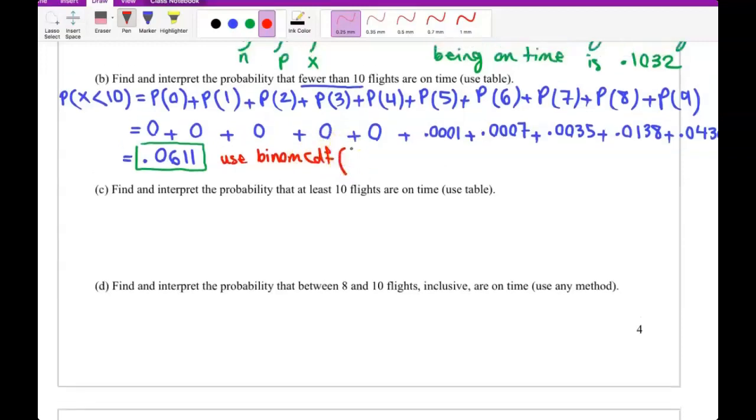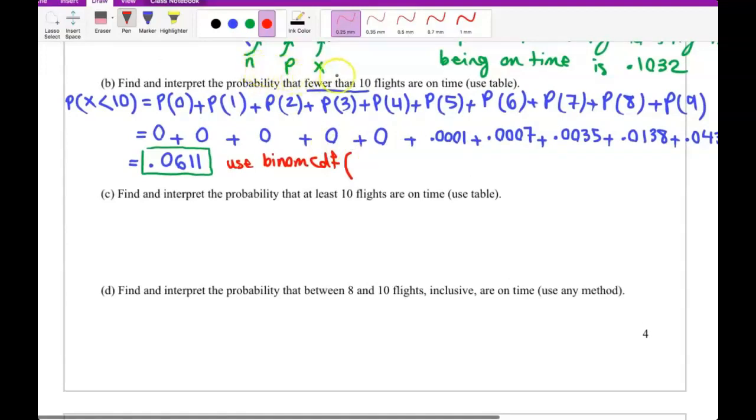Again, exactly same as PDF, starting with N, P, X. So N is 15. Probability is 80%. And X, here we have less than 10. So this X is not 10. Here is 9. Okay, let me show you the steps.